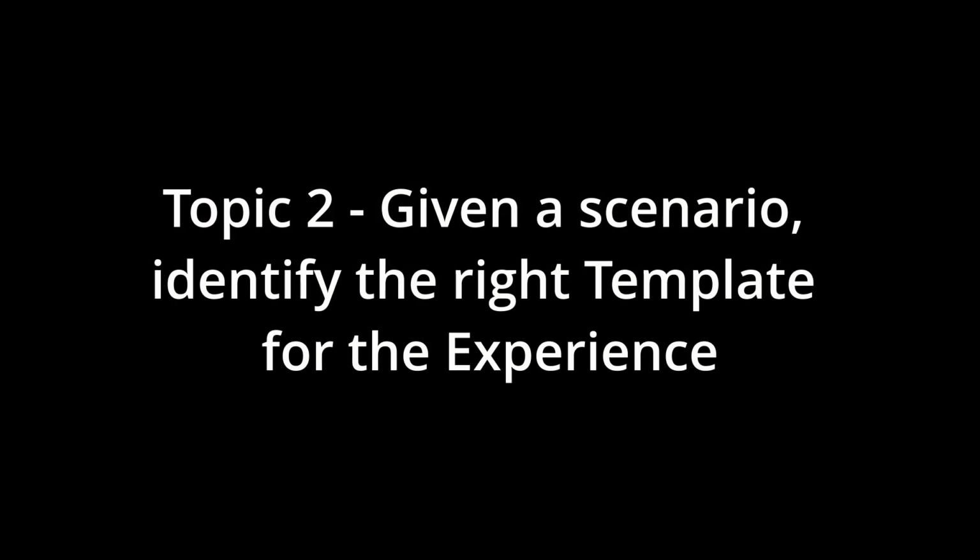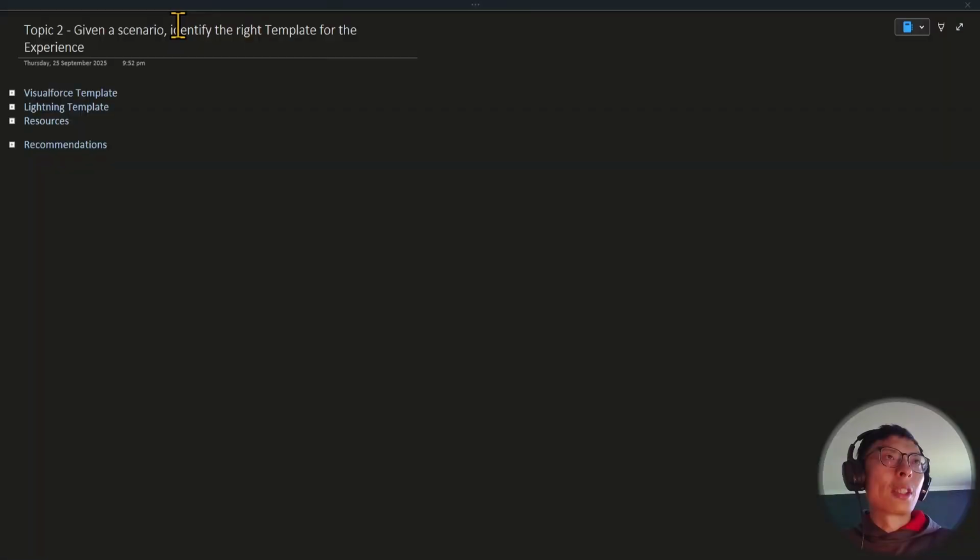All right, so we'll start with how to identify the right Experience Cloud templates for a given scenario. So in this topic, we'll be covering Visualforce templates, Lightning templates, and I'll again provide resources and recommendations on how to prepare for this section and how to get yourself familiar with all the templates.